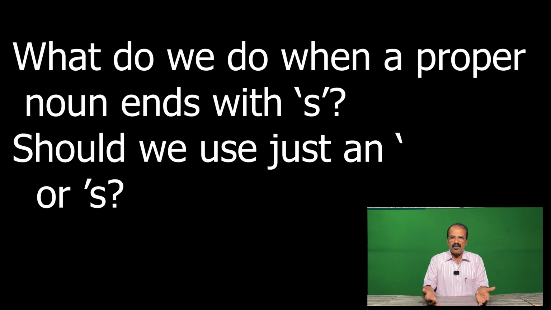Then you may get a doubt. If a name, if a proper noun ends with S, should we put just an apostrophe after S, or should we put apostrophe S? It's a natural doubt.